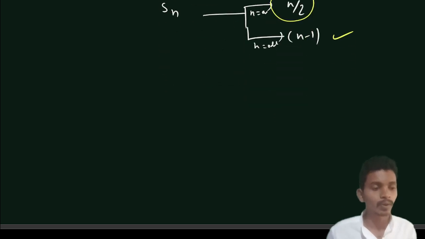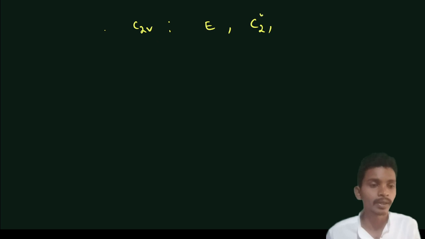Now if a point group is given, like C2v, here the elements are E, C2, sigma xy and sigma yz.